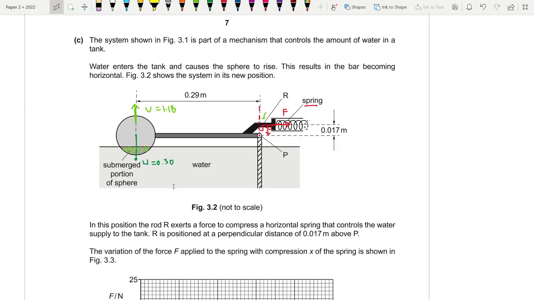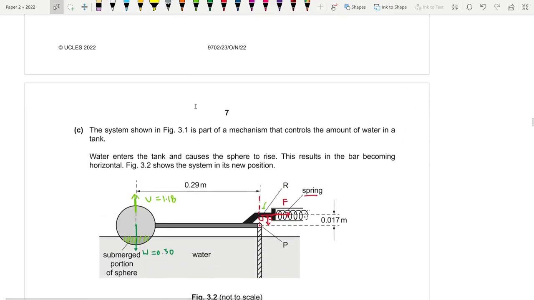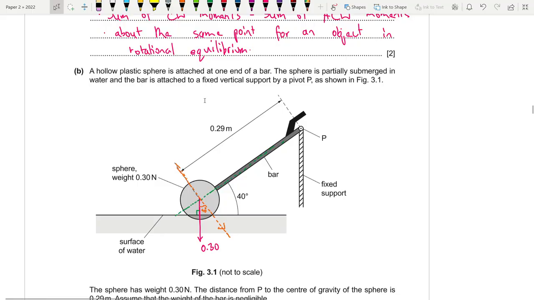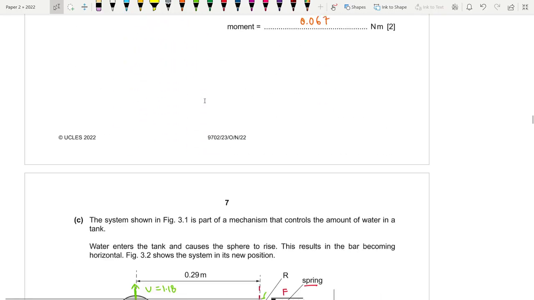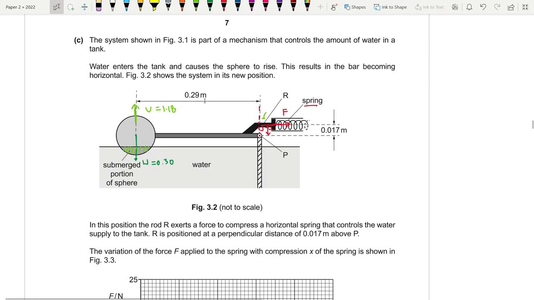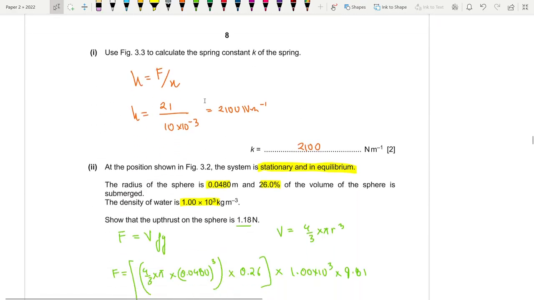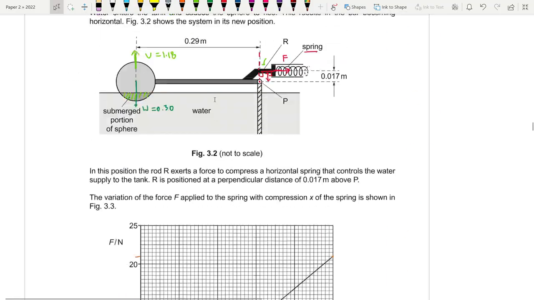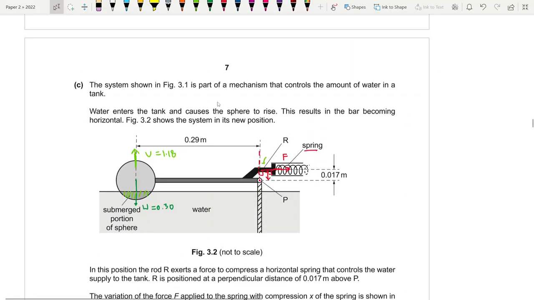In this position, the rod R exerts a force to compress the horizontal spring. R is positioned at a perpendicular distance of 0.017 meters above P. The problem with this diagram is they don't show how the spring is being compressed, right? But essentially, we just have to figure out that this is 1.18 and this is 0.30.